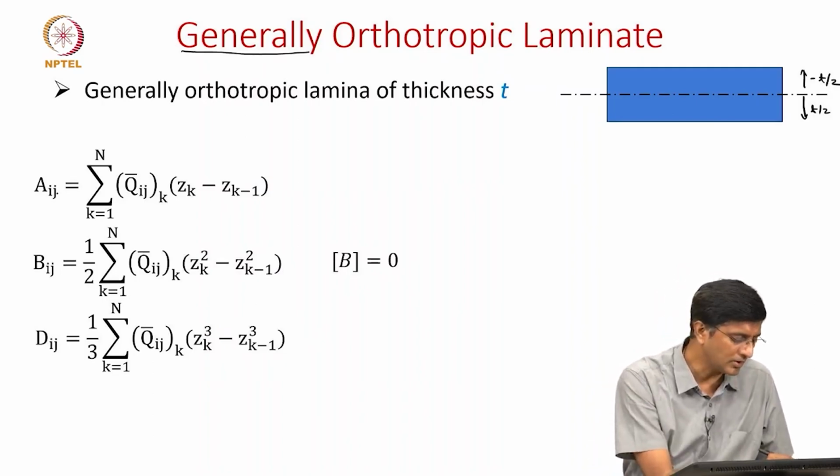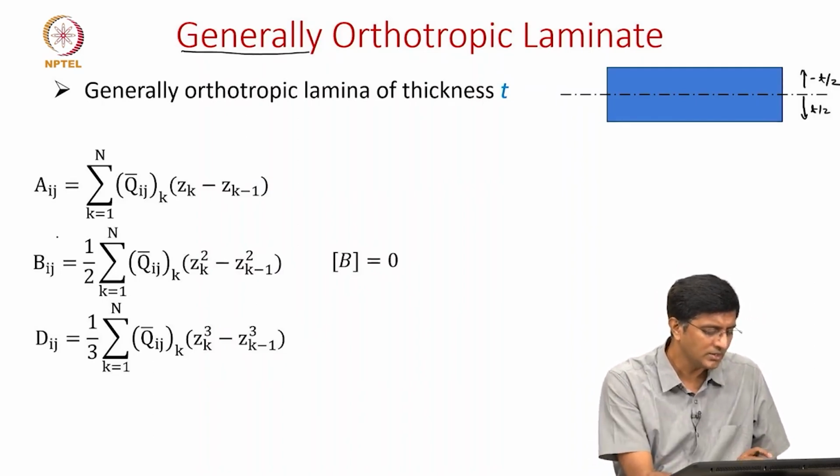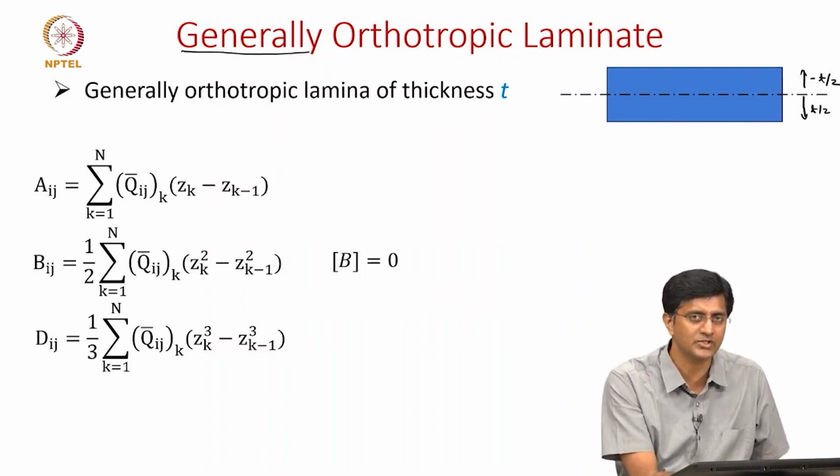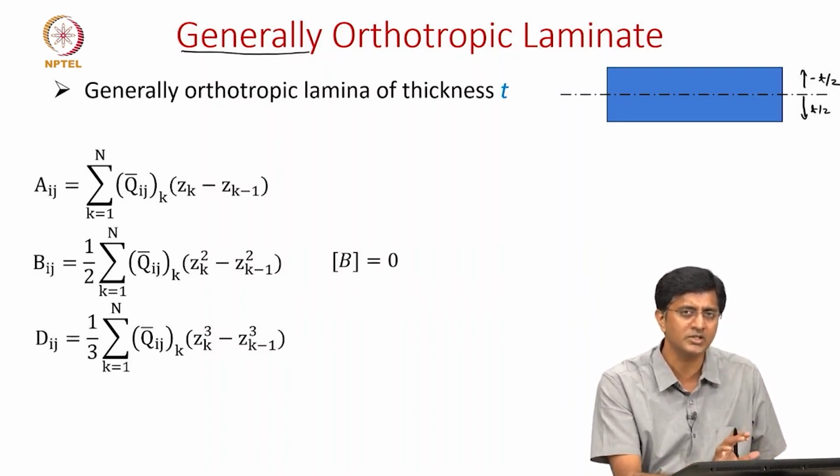Now coming to the Aij matrix, here things are very similar to the previous slide where we discussed about specially orthotropic. The only difference being, since we are working with generally orthotropic, now we work with Q bar, which is the transform stiffness matrix. Earlier we simply wrote Q matrix, the stiffness matrix, because the angle is either 0 or 90.